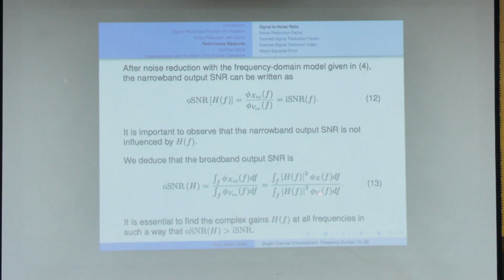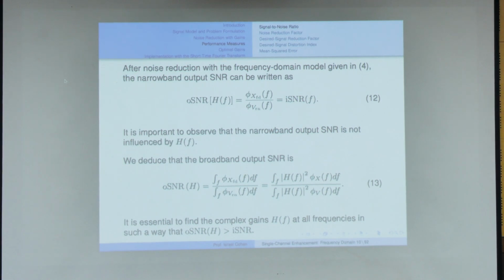Okay, so we don't care about the denominator because it's anyway normalized such that the norm is constant. And then we need to find this vector H such that the numerator will be maximized. How do we do that? How do we maximize this numerator when the norm of H is constant?